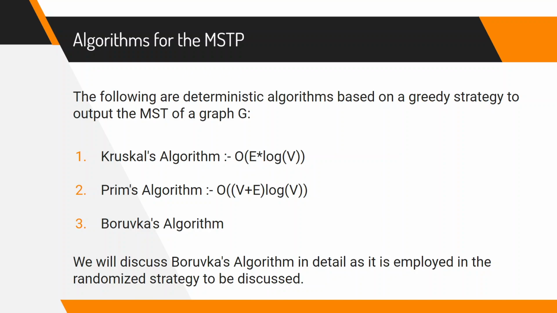Second one is Prim's algorithm, which operates by building the tree one vertex at a time. From an arbitrary starting vertex, at each step we add the cheapest possible connection from the tree to another vertex. And finally, we have Boruvka's algorithm, which will be coming up in detail.